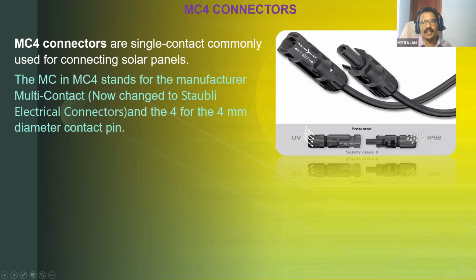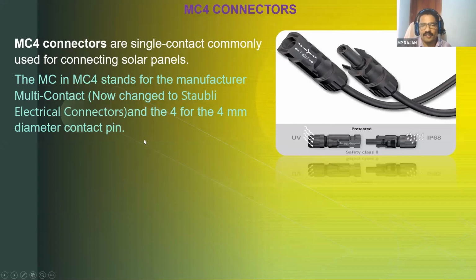And 4 indicates the diameter of the contact pin. MC6 is also there, for 6 mm square wire. So 4 or 6 indicates the diameter of the contact pin. So you can see it is in line. This contact is used where it is required.